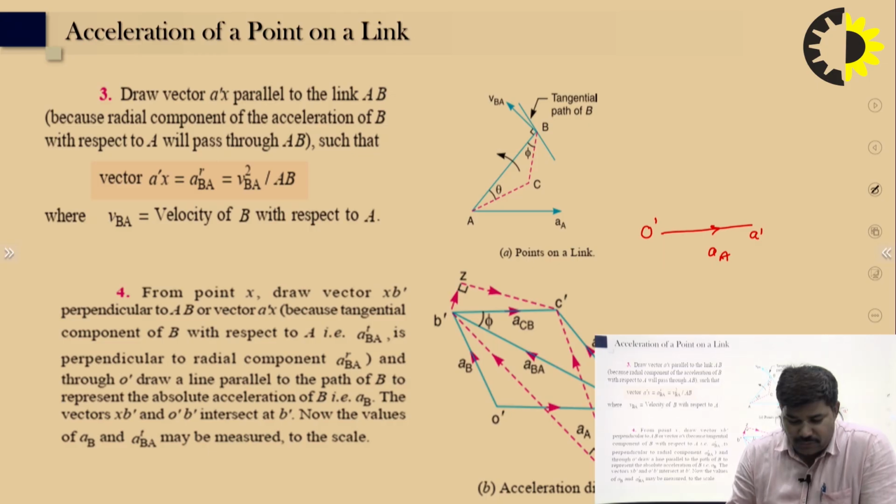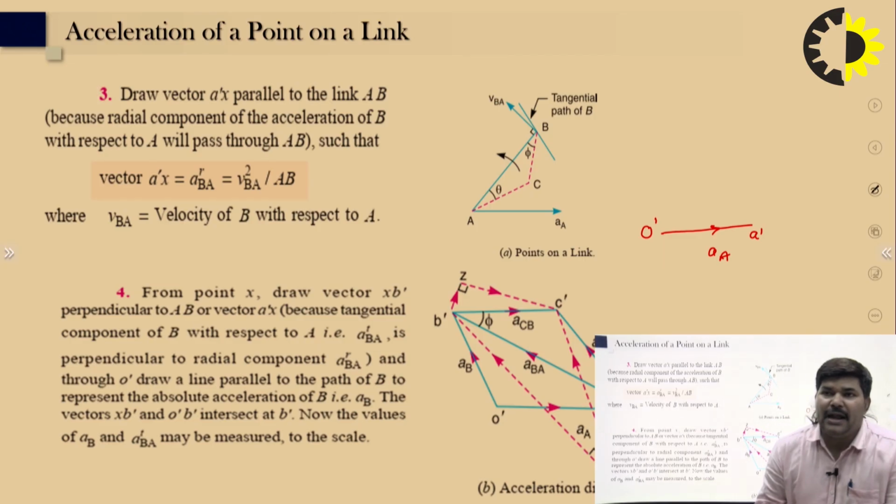Then from O dash draw the line parallel to the path of B, representing the absolute acceleration of B.